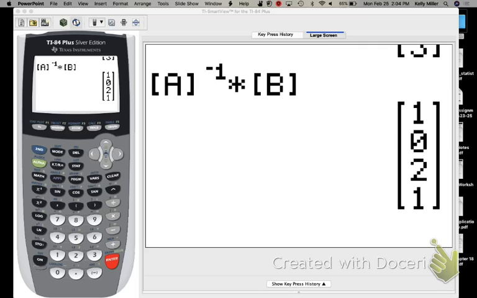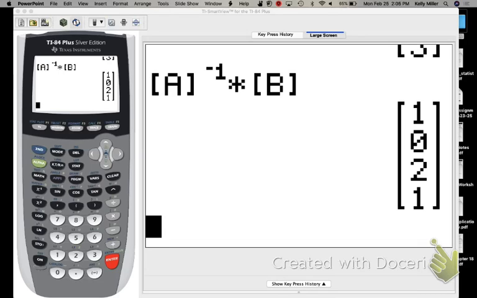It's going to result in a 2 by 1. This is very confusing because we've got a whole bunch of 1s. This one will match up with that one, so 1 times 1, plus that one will match up with that one, so another 1 times 1. So my x is equal to 2.